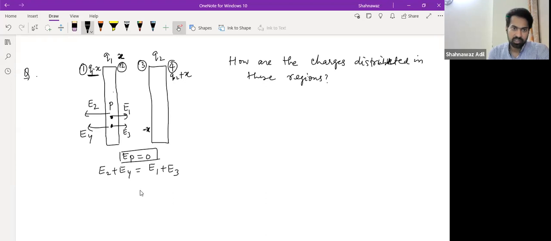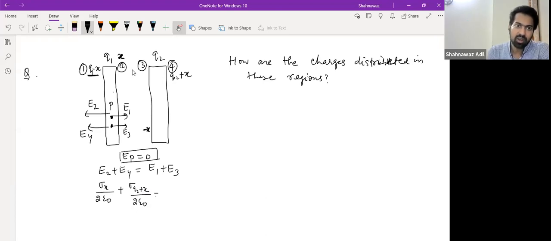So E2 is how much? E2 is sigma x by 2 epsilon. And E4 is how much? Sigma (Q2 plus x) by 2 epsilon.